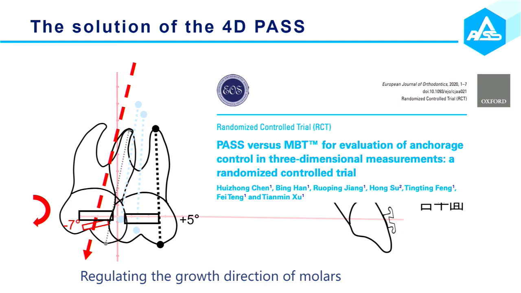That's also a randomized clinical trial to compare PASS versus MBT. In this group, if the doctor thinks that the patient needs maximum anchorage control, you can use TAD. But in this group, no anchorage auxiliaries, just the PASS technique. The result is the anchorage loss has no statistically significant difference.